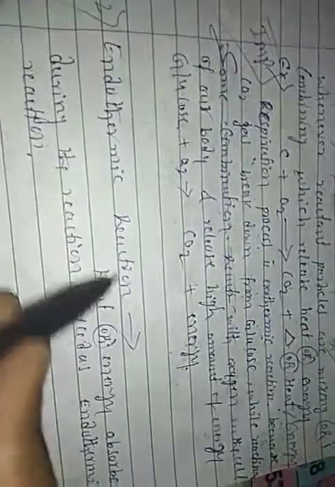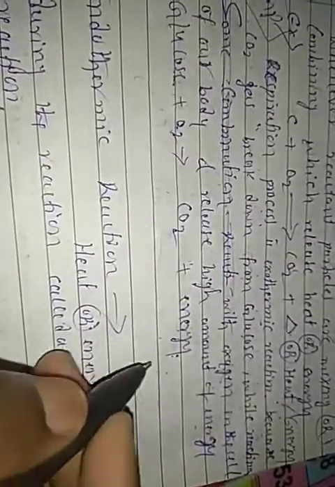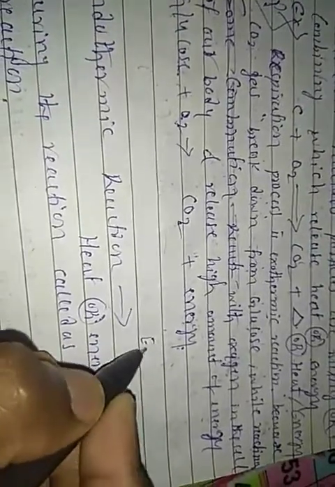Endothermic. The second one is the endothermic. The first one is the exothermic. The second one is the endothermic reaction. So students, endothermic is the opposite of exothermic. So endo means, students, tell me what endo means. Endo means enter.